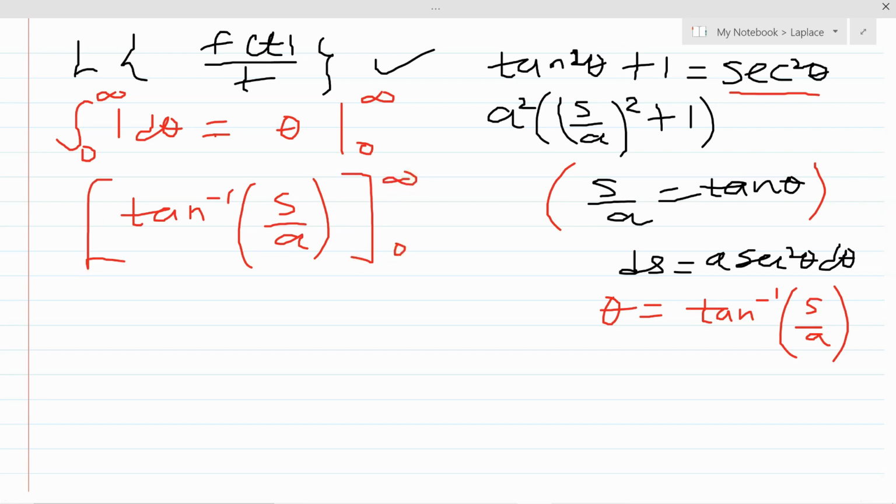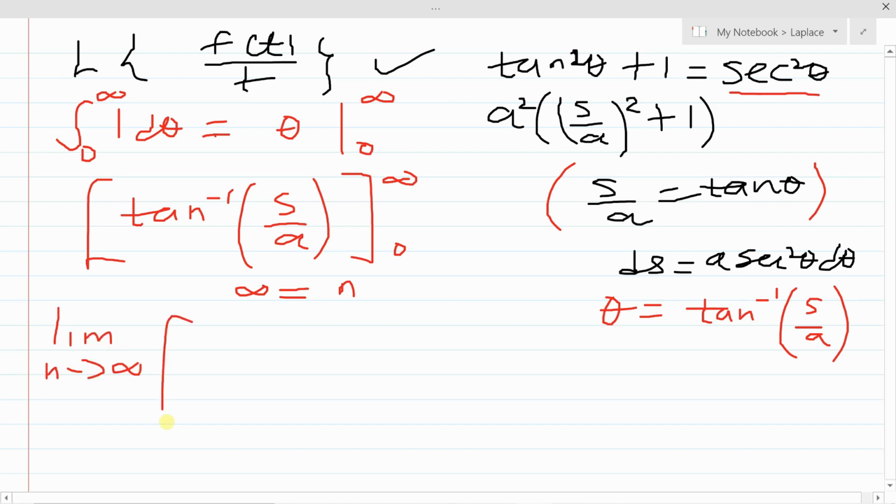Okay, so now this is where our improper integral comes in. With the improper integral, what we do is we replace our infinity by n, and so we'll just find the limit as n approaches infinity of putting 0 and n in.